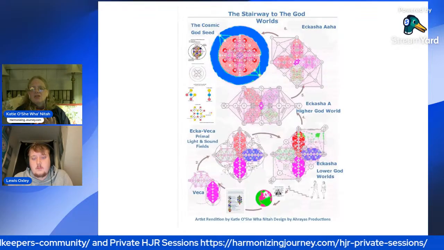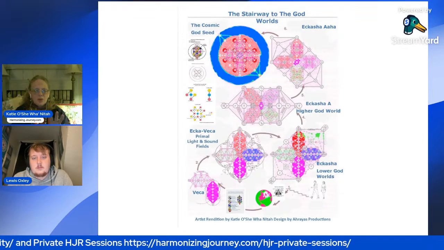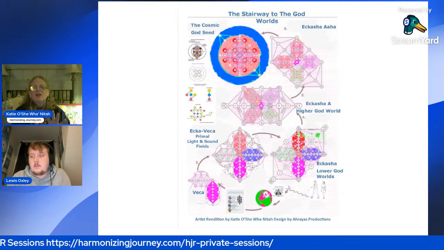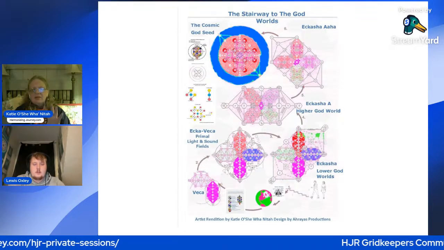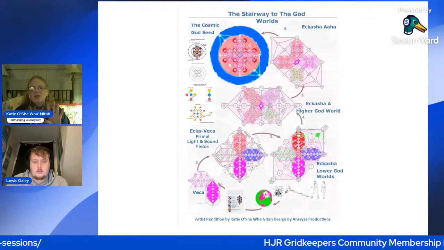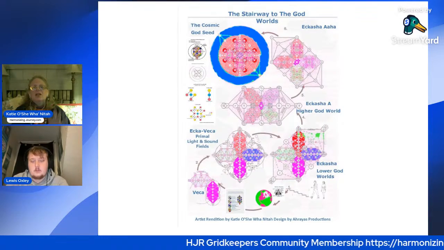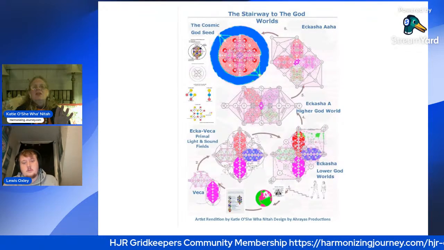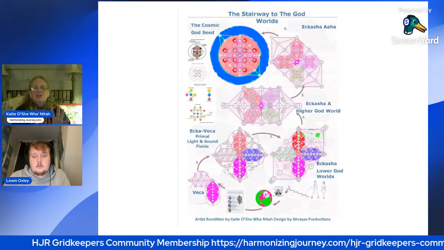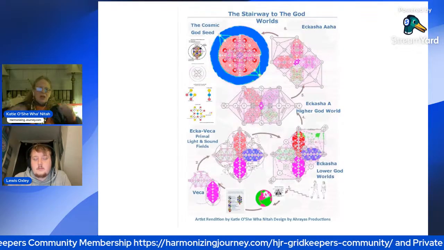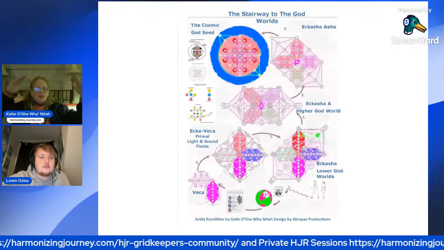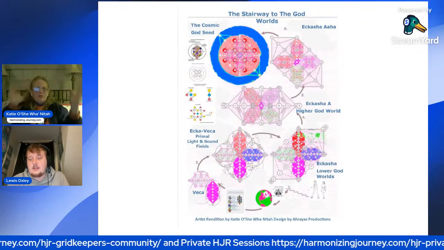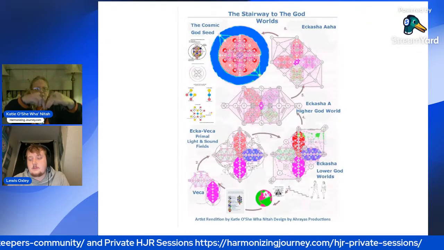That whole Akasha fits into one of the 4 quadrants of an Akasha Aya of the higher God worlds, and then that whole Akasha Aya fits into an Akasha Aya, which then is the cosmic God seed, the river-shaped pillars and spiraling pillars, and they kind of move into the center.